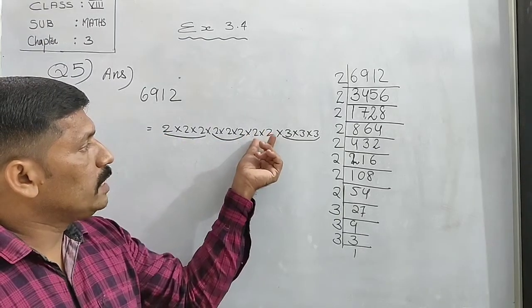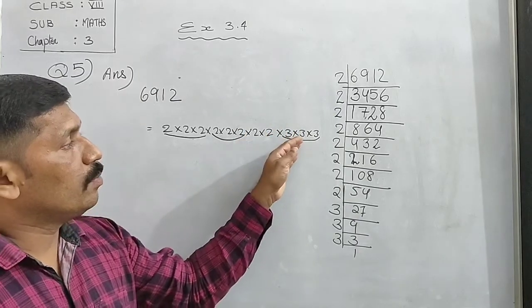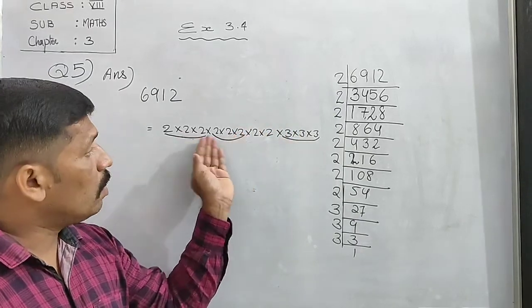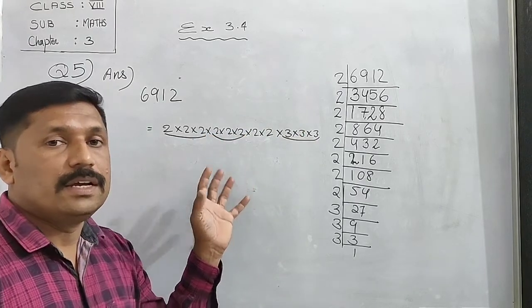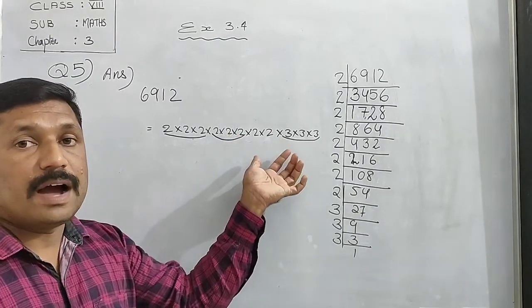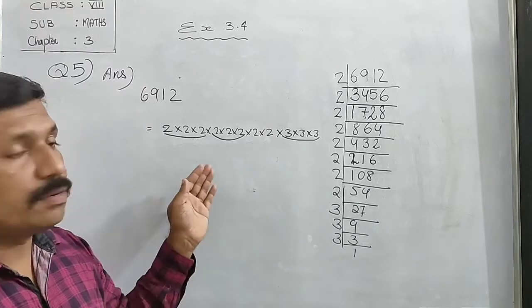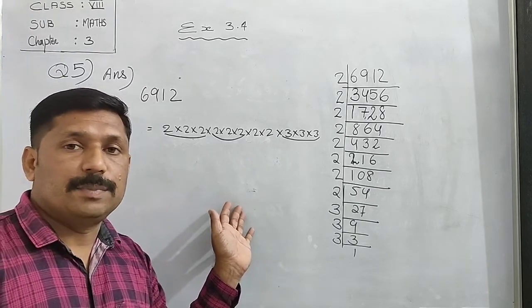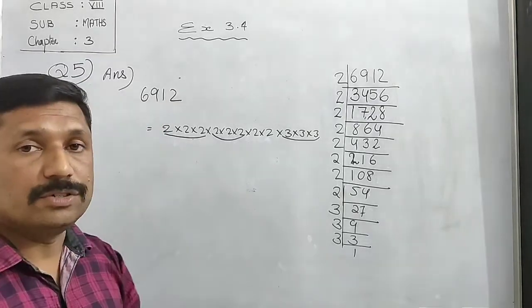If these 2 2's are avoided from here, then all other factors are grouped, so that will change to a perfect cube. The unpaired factors should be avoided, so 2 into 2, that means 4. 4 is the least number to be divided in order to change these numbers into a perfect cube.